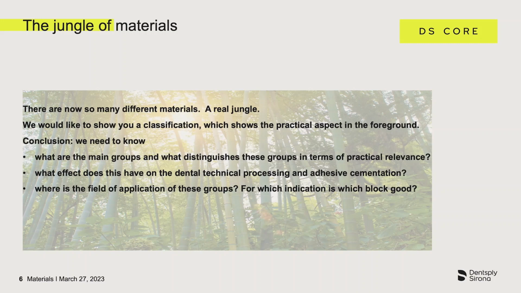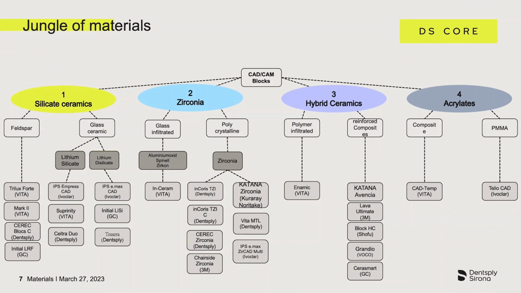These are the questions that are highly relevant for the practitioner and which we would like to shed some light on in this module. With this overview, we would like to present the variety of materials clearly and shed some light on the diversity of the materials.